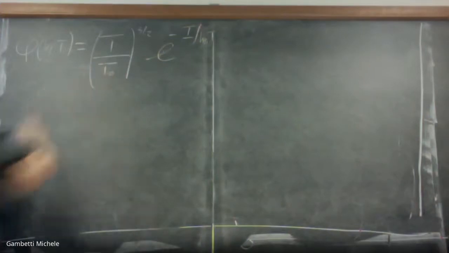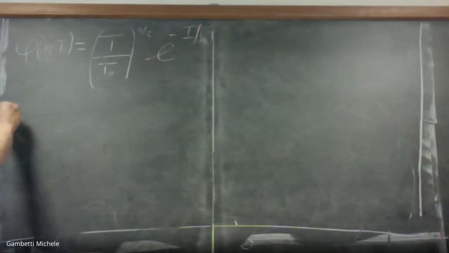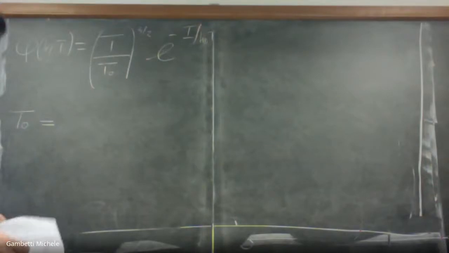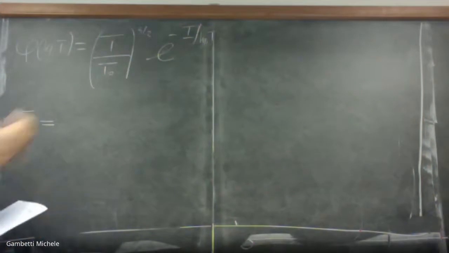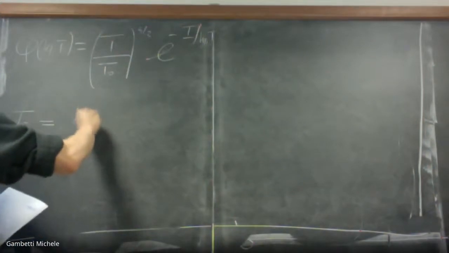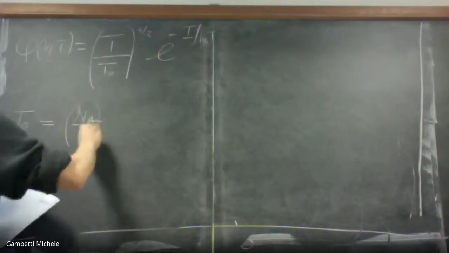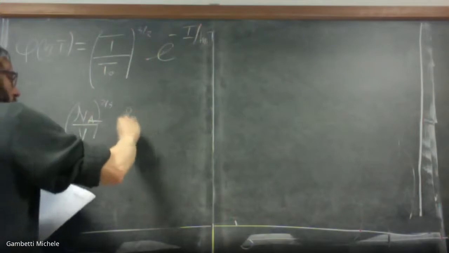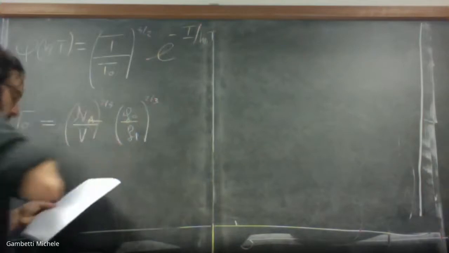Because you see here that a new scale appears, which is T0, and let's try to estimate this T0. So now T0 was defined as this to the power of minus 2/3. Now let me write it in this way: NA divided by volume to the power of 2/3 this time. Then I have G0, G plus to the power of 2/3.